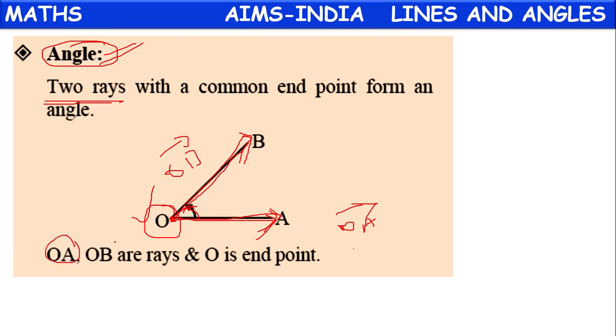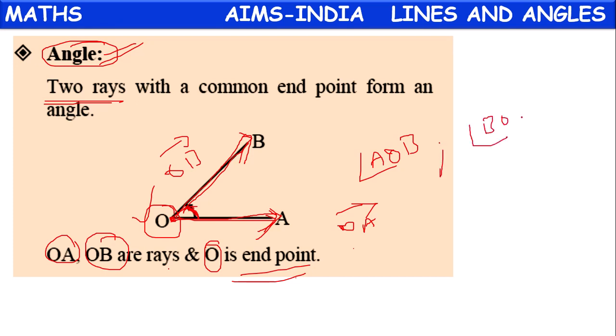So here OA and OB are considered rays and O is considered the endpoint, and this angle can be named angle AOB. With the help of three letters, we can represent one angle, or the same can be represented as BOA, where the common endpoint is always in the middle, supported by the other two points.